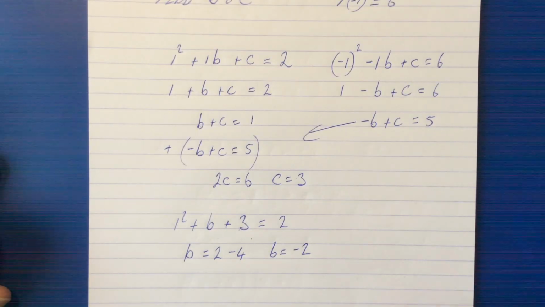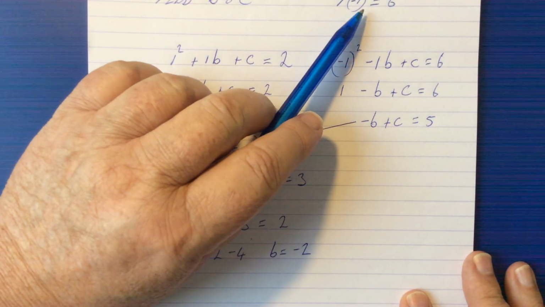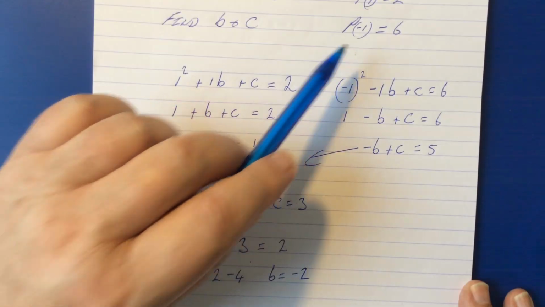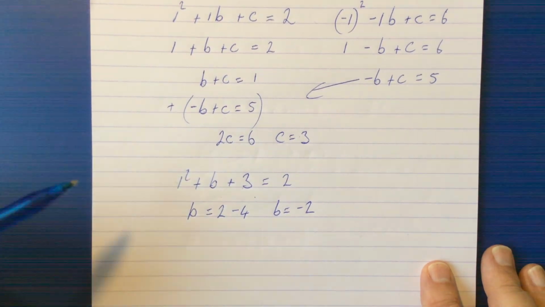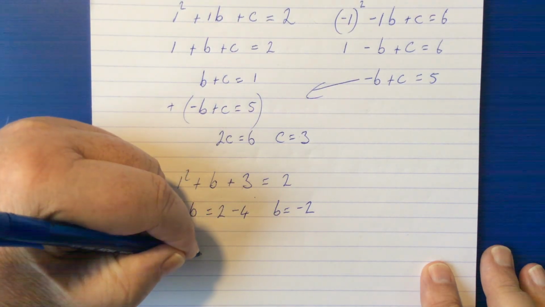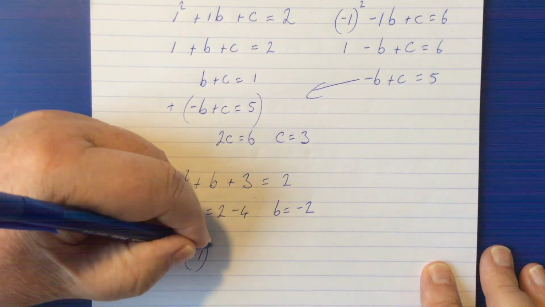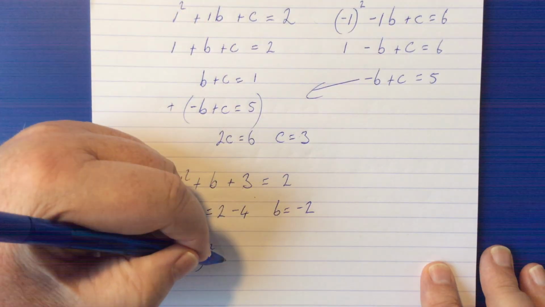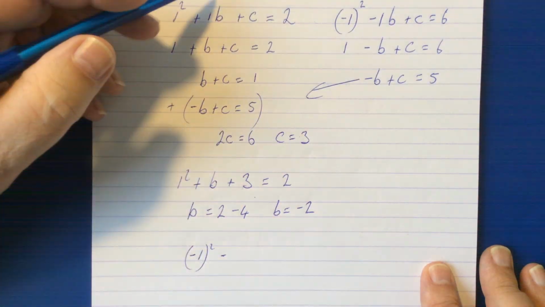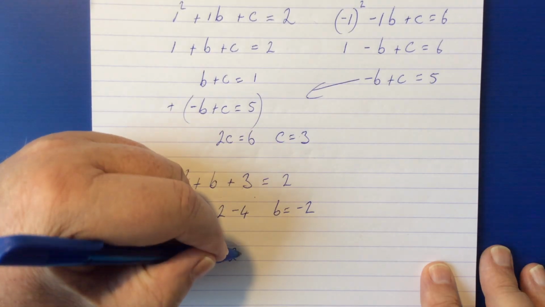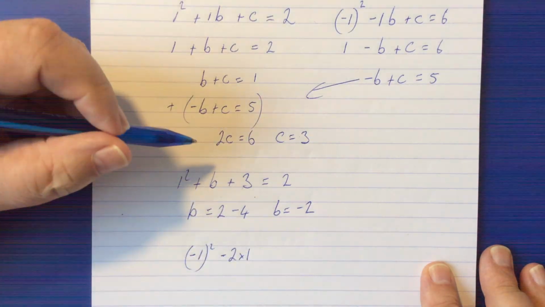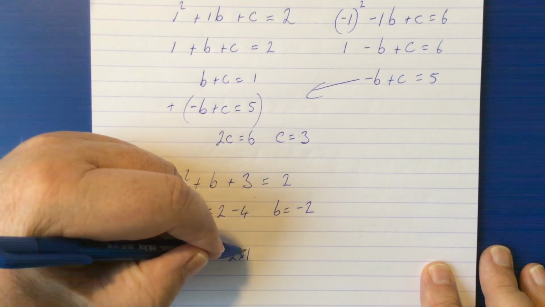Now, let's just check this. And we're going to check it with this one here. This is the trickier of the two. So, negative 1 squared minus 2x, which is 2 times negative 1, I beg your pardon.